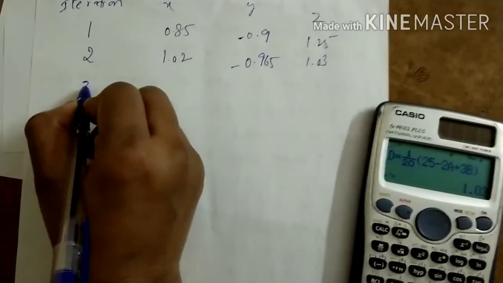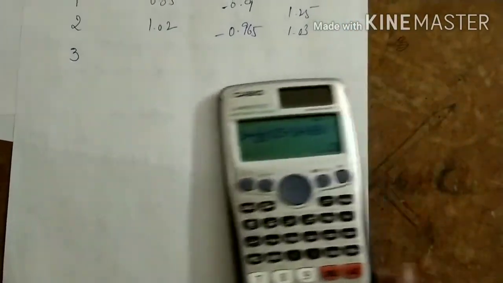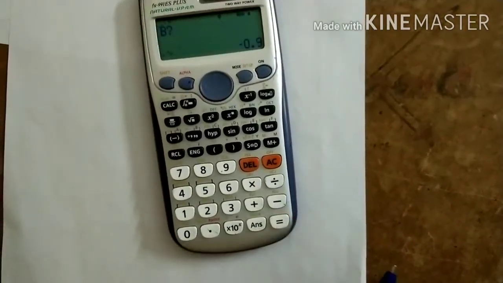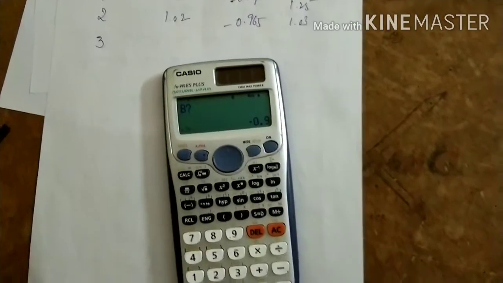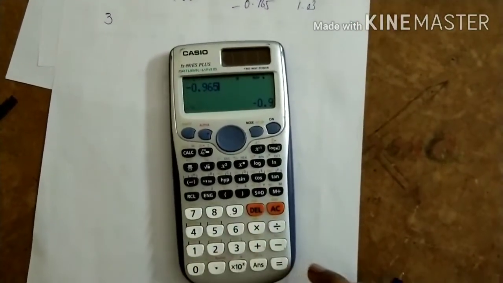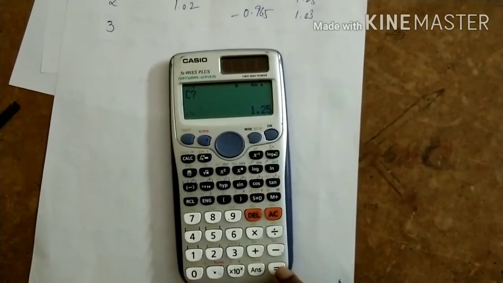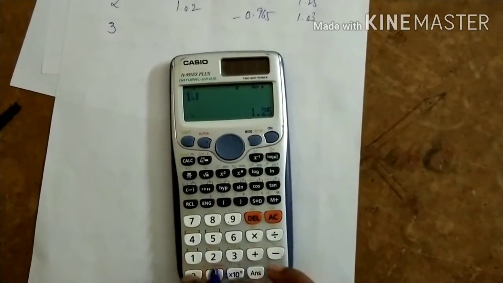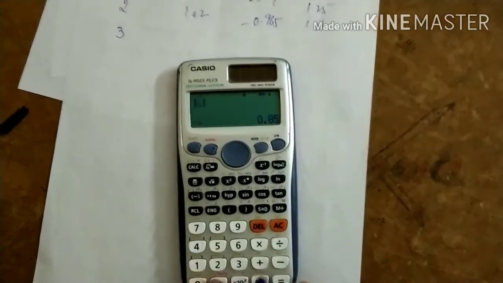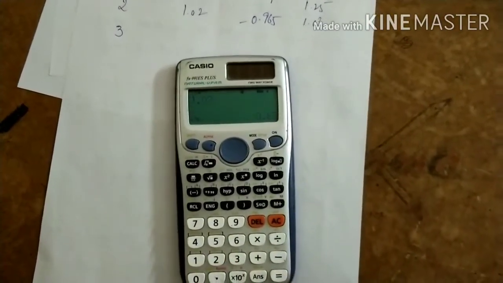Similarly, using these second iterations, we get third iterations, for which we press the equal to button. It will be asking for Y, nothing but minus 0.965, and then press equal to. C, nothing but Z value 1.03, and then press equal to. A, nothing but 1.02. Press equal to.